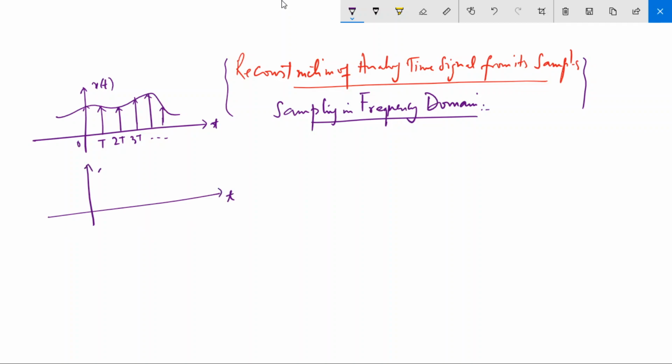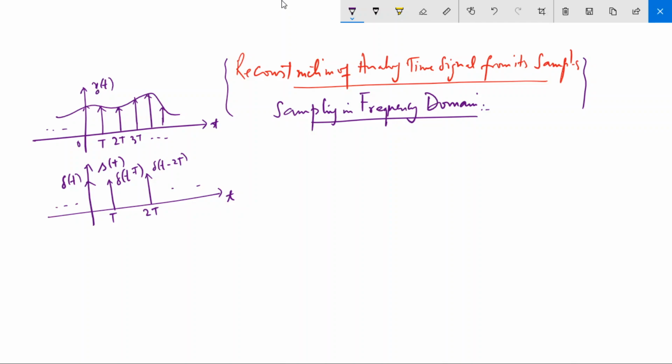Suppose s(t) is a train of impulses, with delta(t - T) at T, then another impulse at 2T, that is delta(t - 2T), and so on. Similarly on the left side, delta(t + T), delta(t + 2T), and so on.